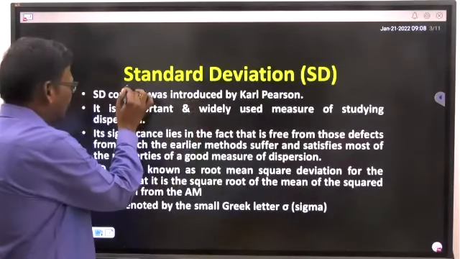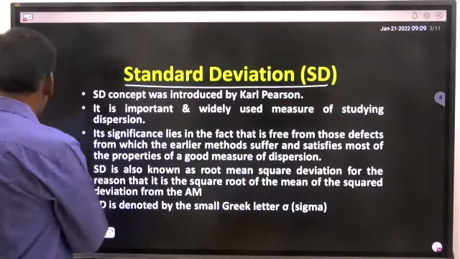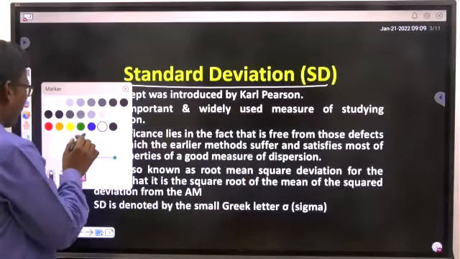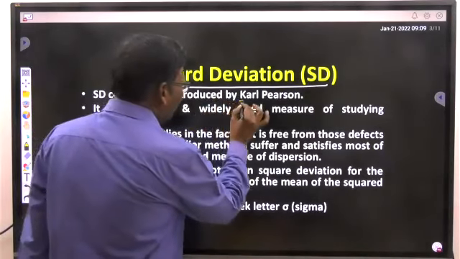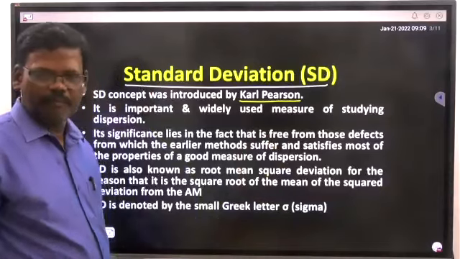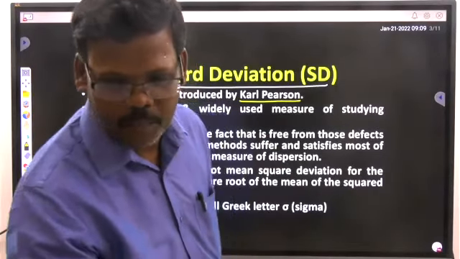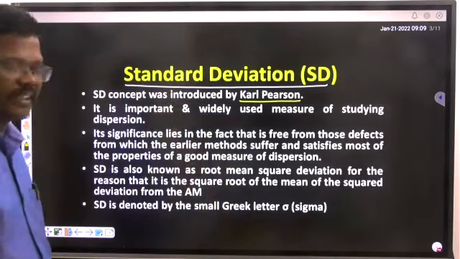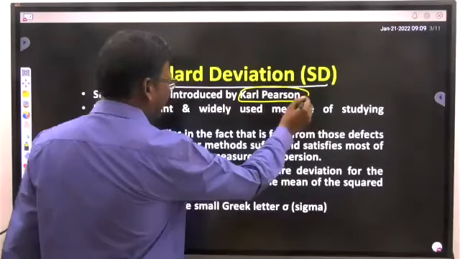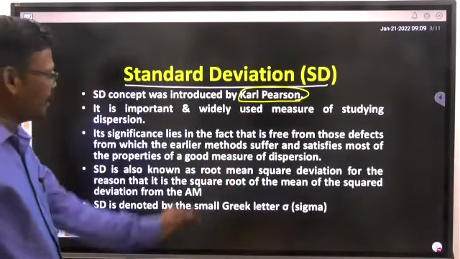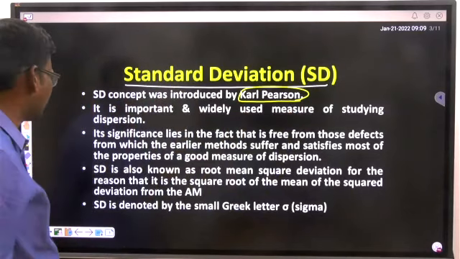This concept of standard deviation was developed by Karl Pearson. The person belongs to Britain, so he developed this concept.